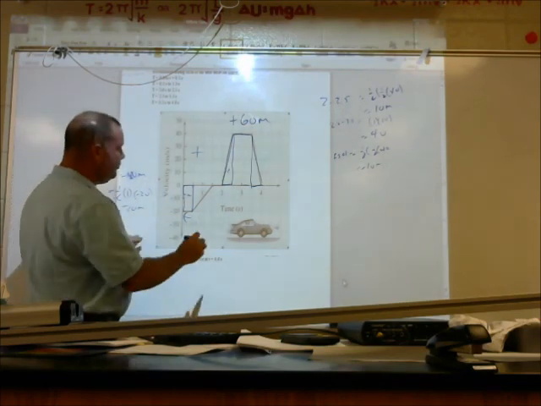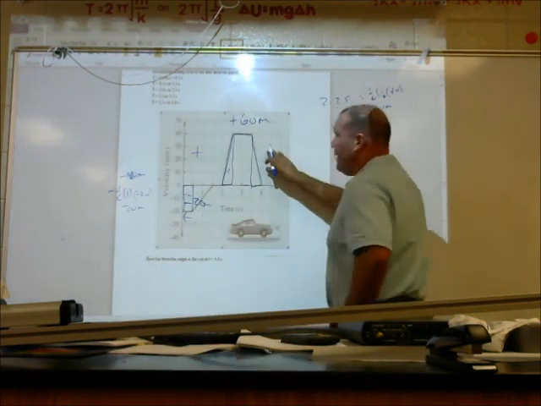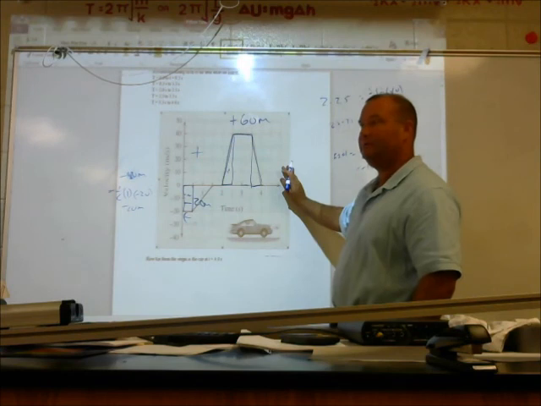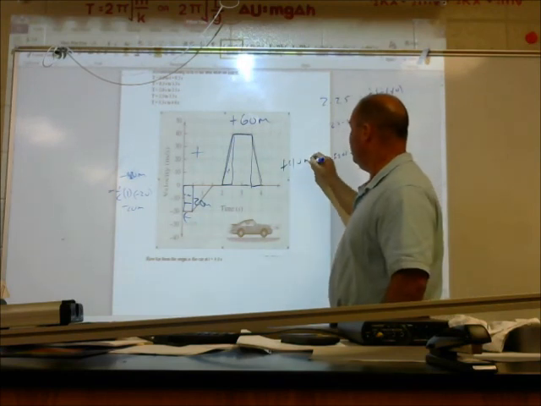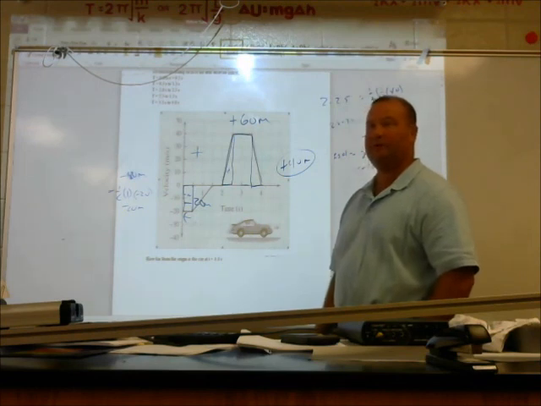So during this whole time, I've gone negative 20 meters. And during this whole time, I've gone plus 60. So where do I end up? 40. At plus 40 meters on that line, in relation to my origin.